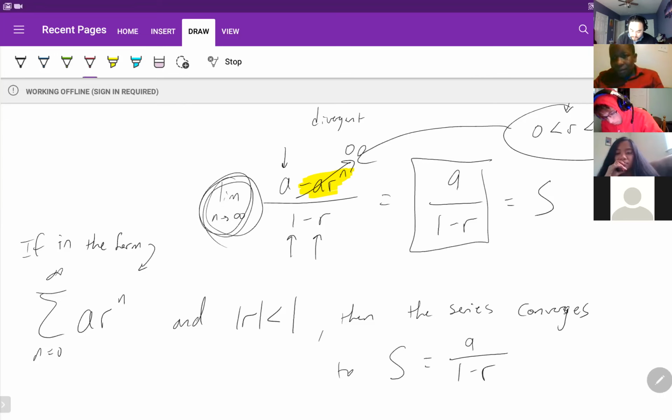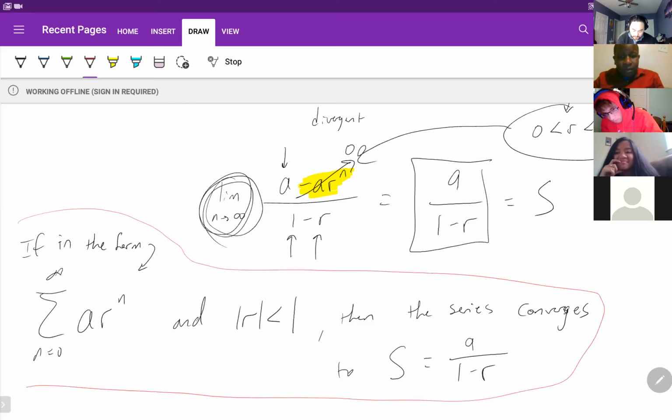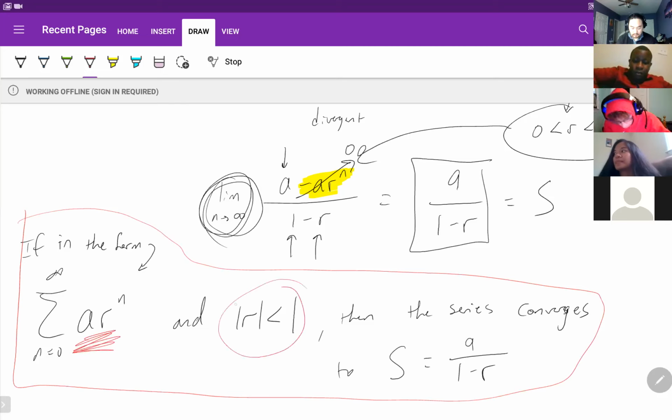If you didn't pay attention in the last 10 minutes, this is the one thing I want you to learn. If you're given a geometric series, you're checking for two things, and you know that the absolute value of r is less than 1, then you know the series converges, and on top of that, you know what it converges to.